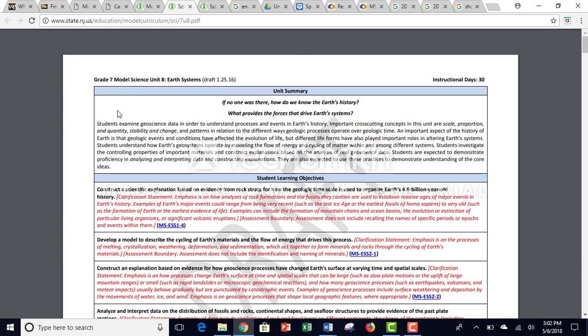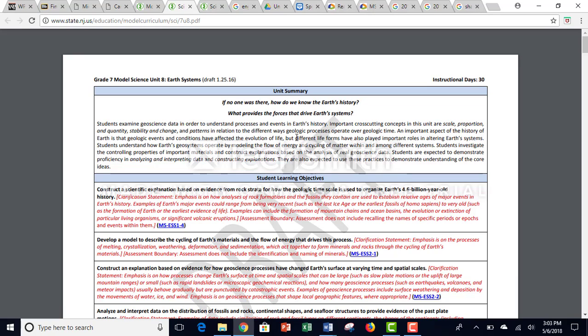Students learn about the processes and events in the Earth's history. They learn about the different geologic processes like earthquakes, hurricanes, landslides, etc., and how they affect not just the geography of the Earth, but how they affect life as well.